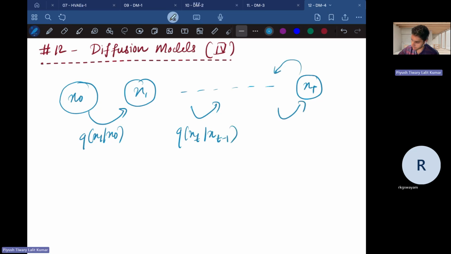And then there is a reverse process that is modeled using a neural network. This in general models p theta of xt given xt plus 1, something like this, right?